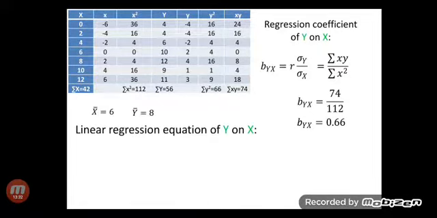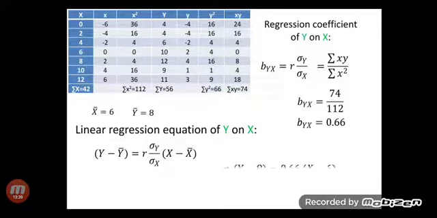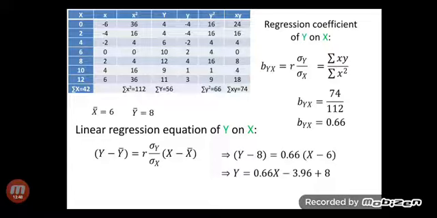Now the linear regression equation of y on x is this. Here we put the values, that is y minus 8 equal to 0.66 into x minus 6. So after simplification we get y is equal to 0.66x minus 3.96, that is 0.66 multiplied by 6 is found as 3.96.